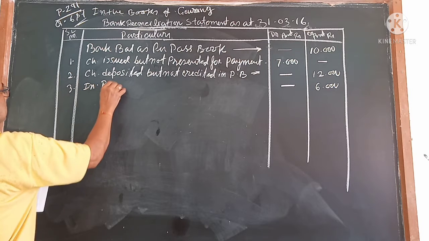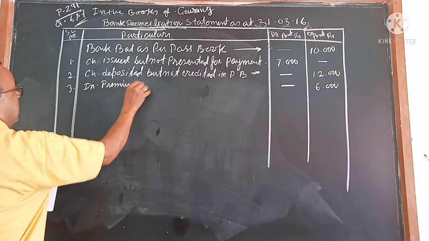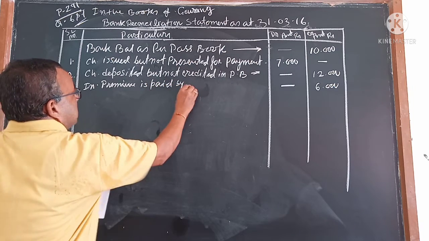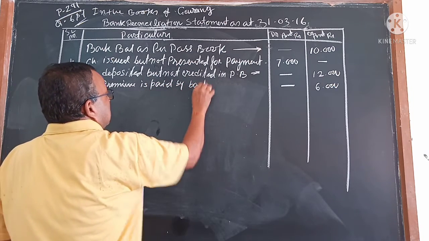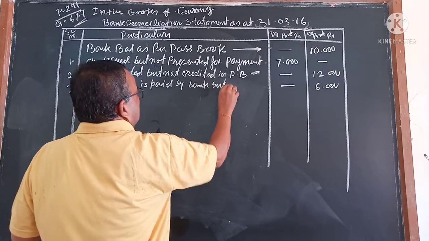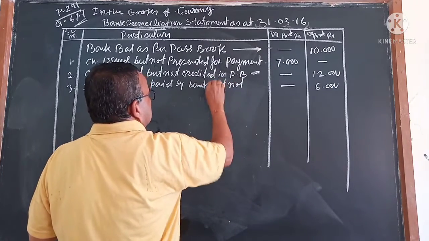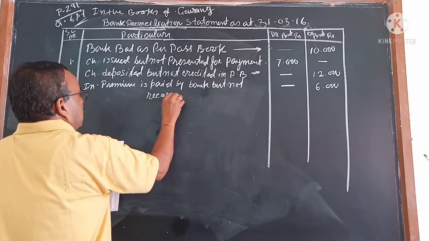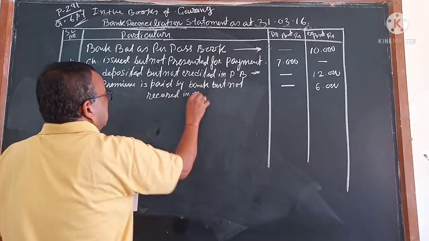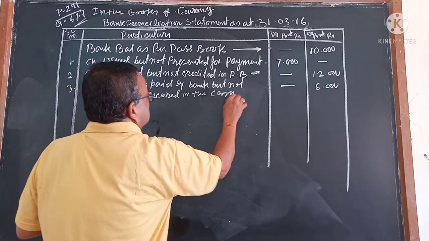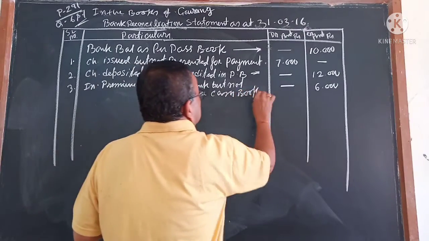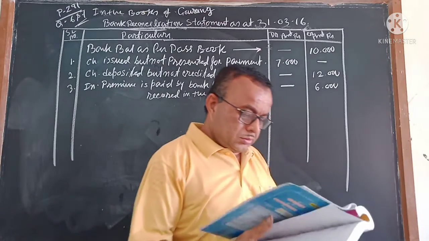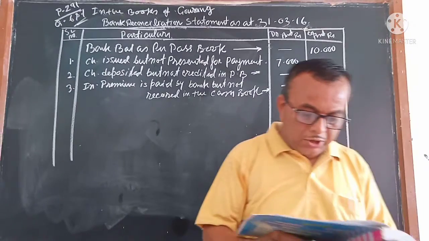Insurance premium is paid by bank but not recorded in the cash book. It is debited but not credited.